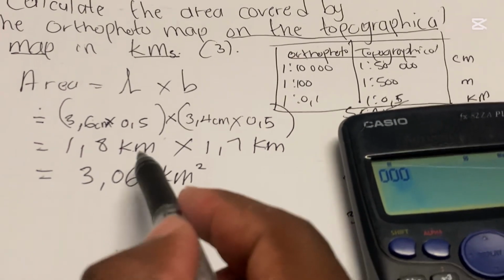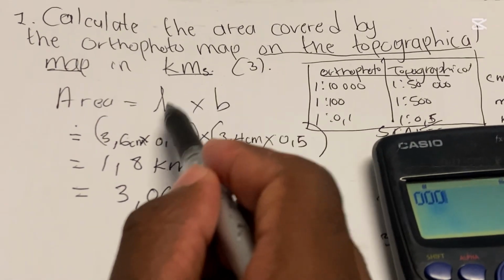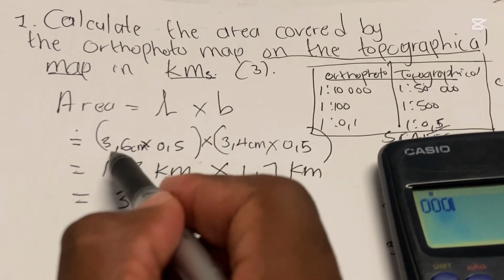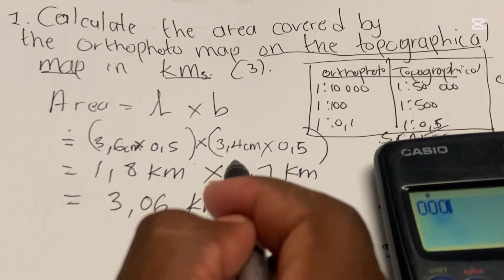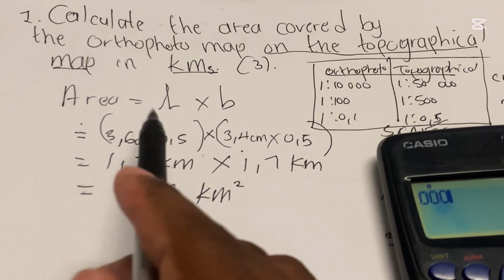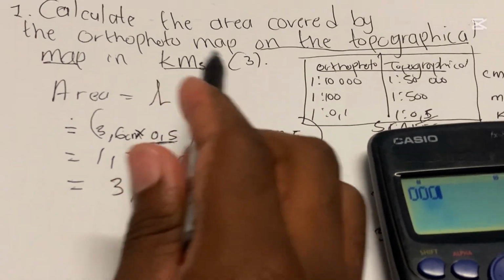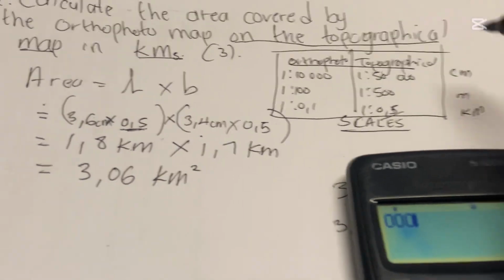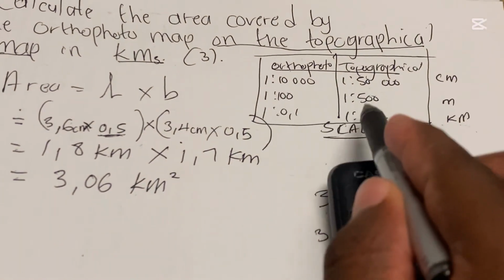So let's go back. Our formula is length times breadth. The length is the longest side, hence I used 3,6 first, and then the 3,4 goes on this side. I did not just take 3,6 times 3,4. I started by multiplying by my scales. Since I'm working with kilometers, I went to my table with scales. Here are my kilometers. We have 0,1 and 0,5.